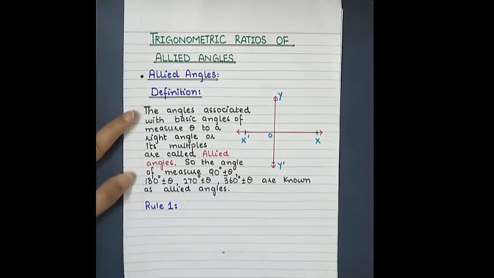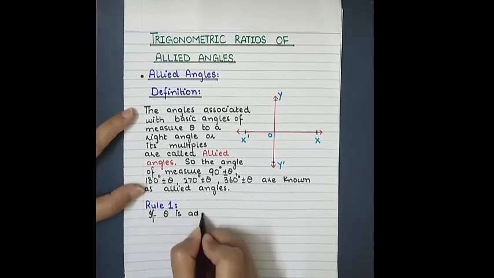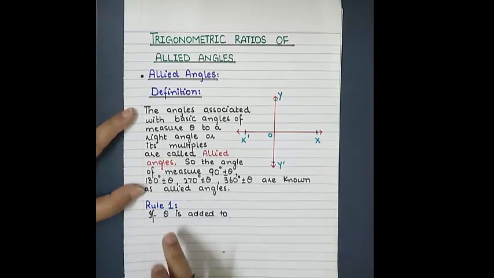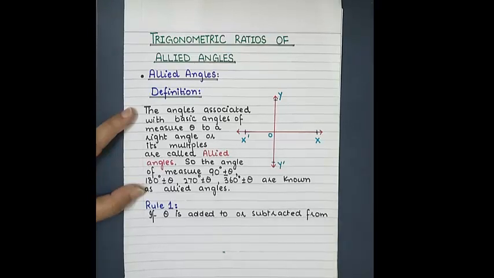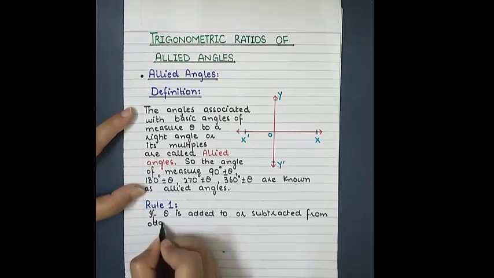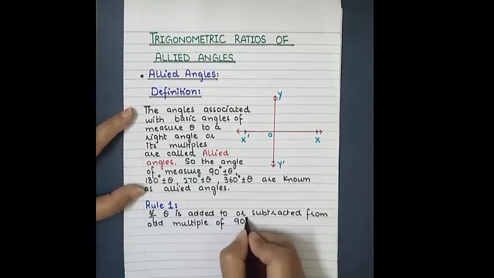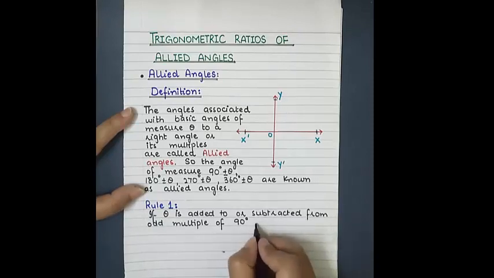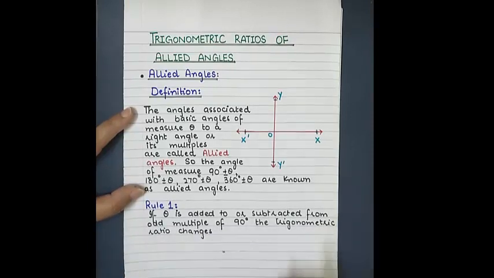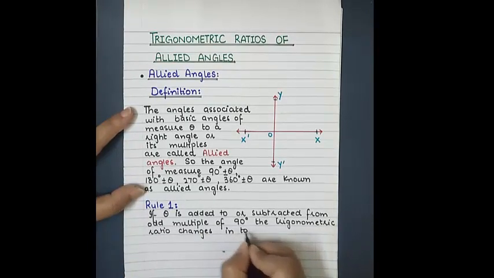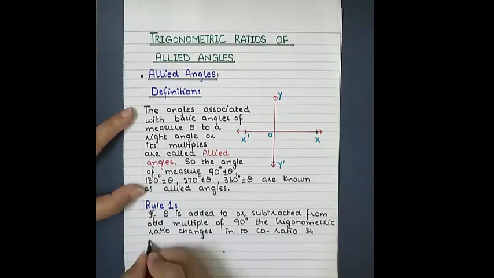Writing the rule number 1, we have: if theta is added to or subtracted from, in both cases, an odd multiple of right angle, or you can say 90 degrees, the trigonometric ratio changes into co-ratio and vice versa.